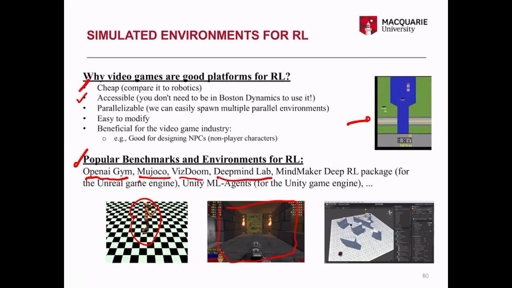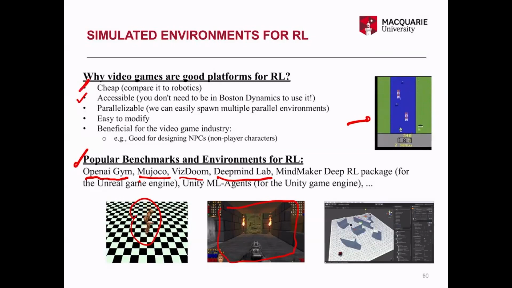DeepMind Lab is newer. It was developed in 2016 based on the Quake game engine, I guess. We also have two very popular game engines, which, if you had video game lessons before, you're probably familiar with. One of them is the Unreal engine, and the other one is Unity.